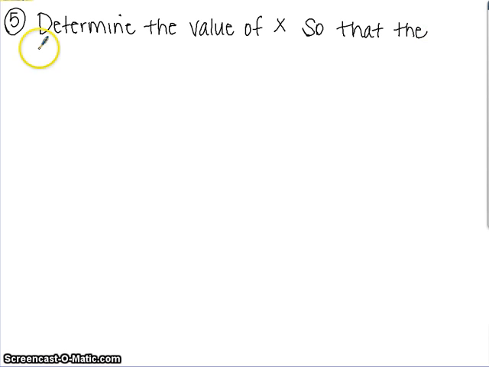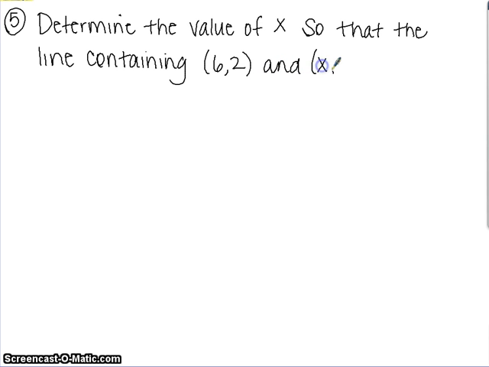This one says, determine the value of x so that the line containing the point 6, 2 and the point x, negative 1 has a slope of negative 3/7. Okay, so this is an example where we're going to have to work backwards.